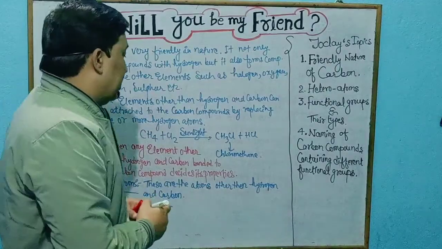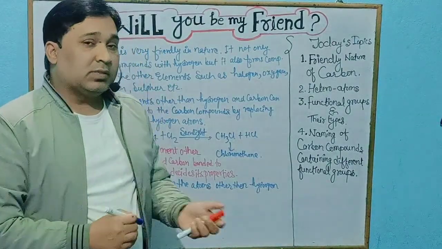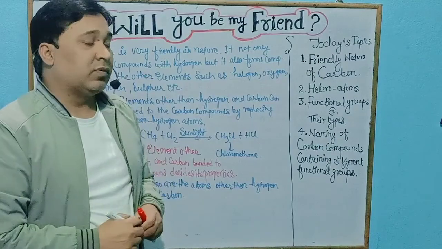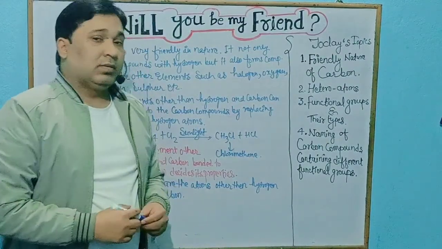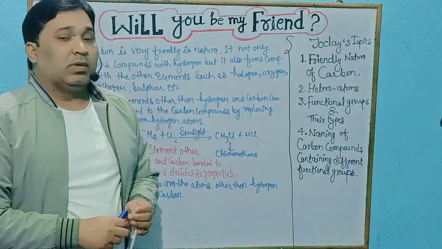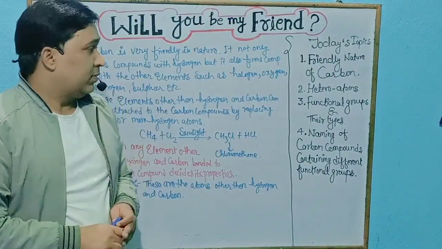So all the atoms, you can say, get attached to a hydrocarbon by replacing hydrogen from it. It means the elements other than hydrogen and carbon which are attached to a hydrocarbon are called heteroatoms, right?